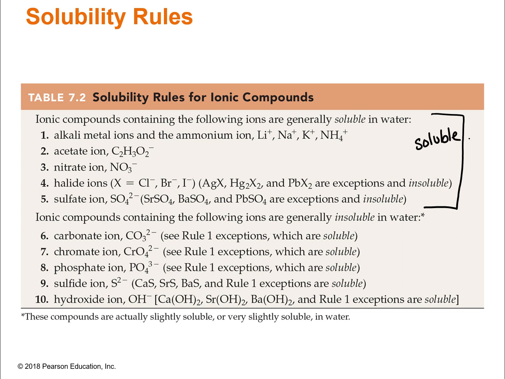So if you see an ionic compound that has the metal ion lithium, sodium, or potassium, or if you see the ammonium ion, it's going to be soluble. If you see the acetate ion, the nitrate ion, it's going to be soluble.